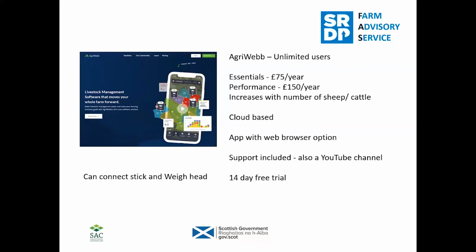It's completely cloud-based. It has an app with a web browser option, so you can go into it through the app on the phone, or you can log on and go in through your PC. Support is included. They also have a YouTube channel which you can look up for help, and they give a 14-day free trial.